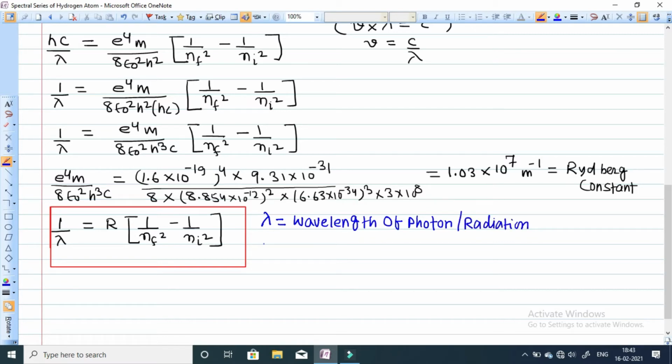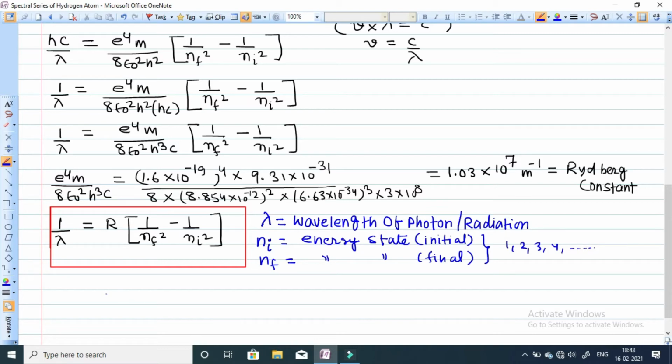And this n initial, ni, is giving you the initial energy state of the electron. And n final is giving you the final energy state, meaning to which energy state the electron is making the transition, and they will be in the form of integers, 1, 2, 3, 4, 5.